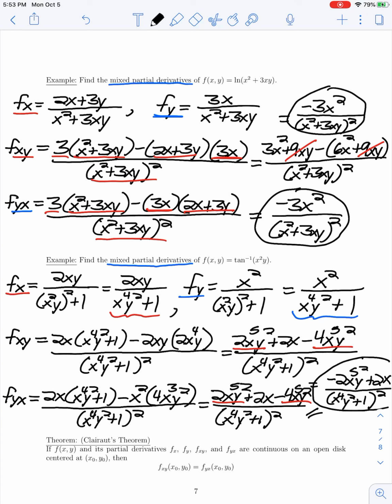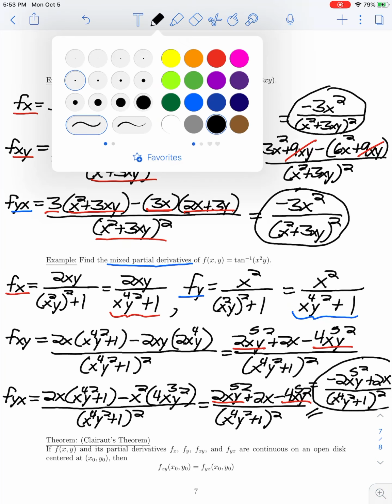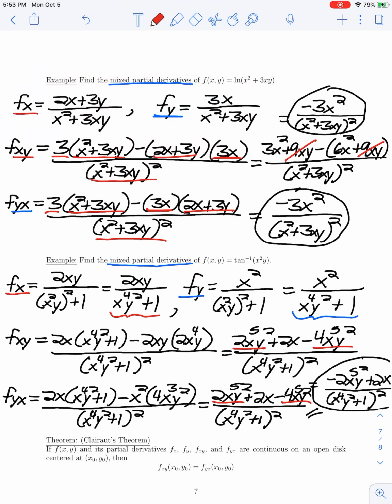So in all of the examples that we found, these mixed partials have been equal to one another. So is that always true? Well, not necessarily, only for relatively nice functions.